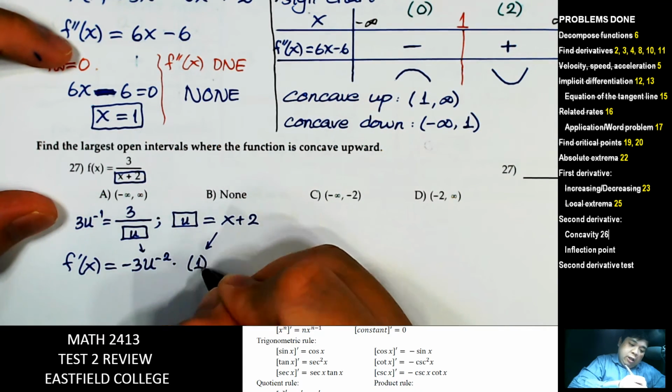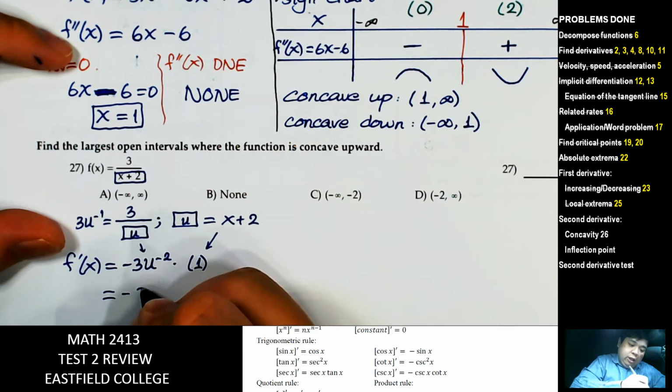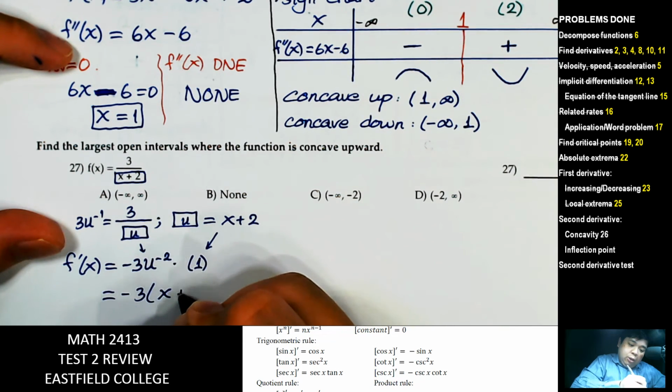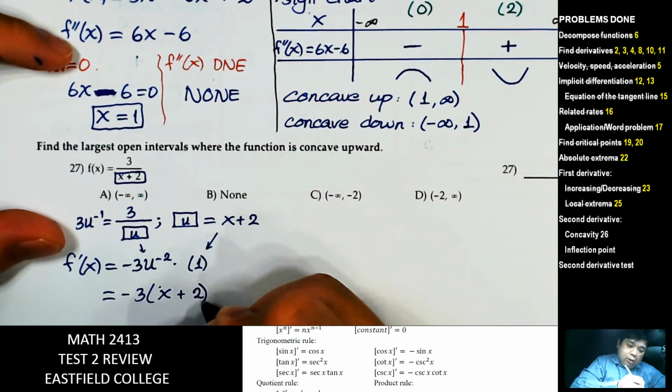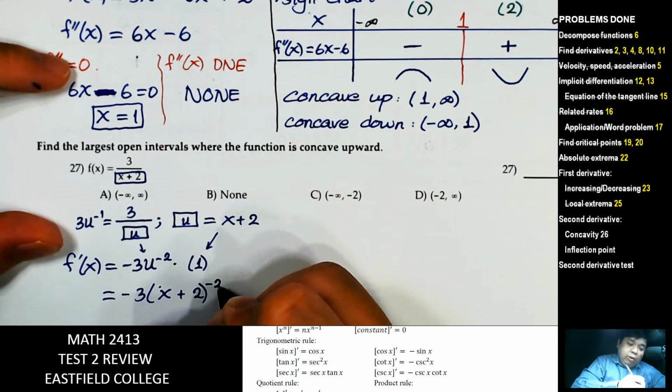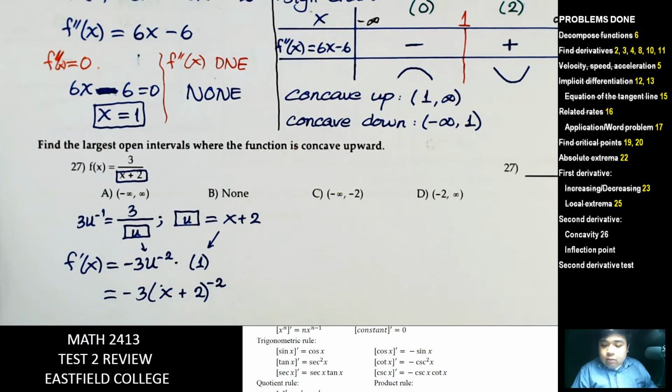It's just 1. So we have negative 3 times x plus 2 to the negative 2. Right, so that is the first derivative.